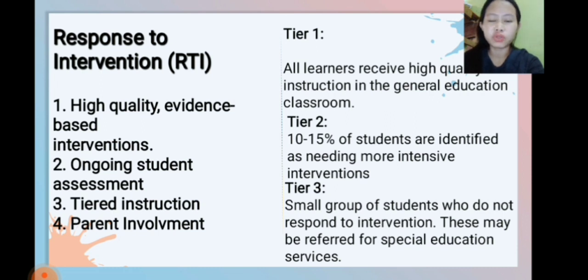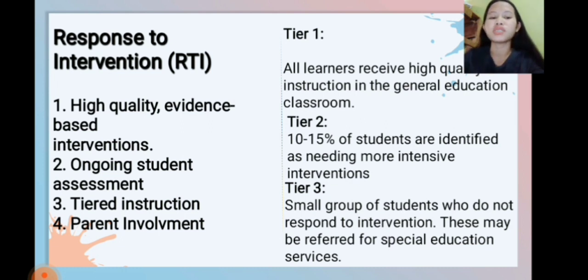For grade 4 to senior high school, RTI is used to rescue struggling readers. Just because we are in the high grades doesn't mean we don't need help. In tier 1, all learners receive high quality instruction in the general education classroom.